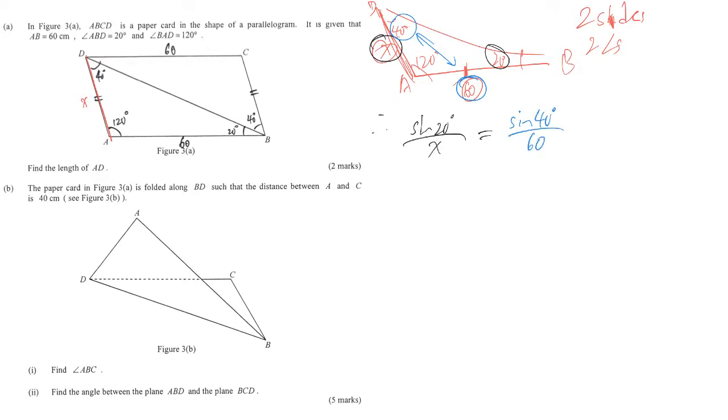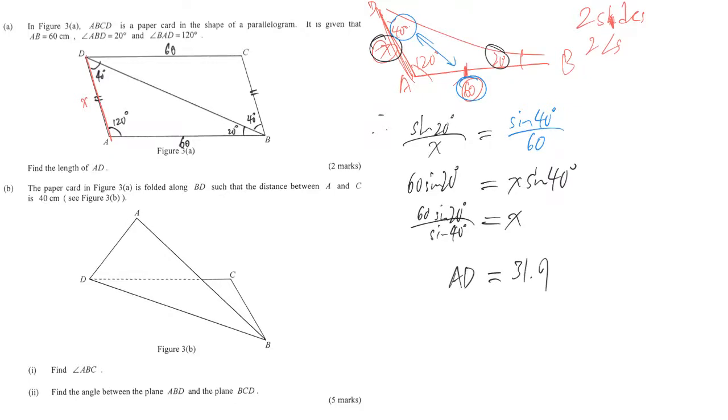It is not that difficult. So 60 sine 20 degrees, and then x sine 40 degrees. X is equal to 60 sine 20 degrees divided by sine 40 degrees. Then you just use your calculator. You should be able to get x, that means AD, is equal to 31.9. Then we already finished.